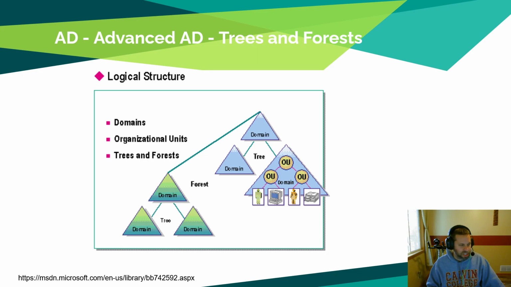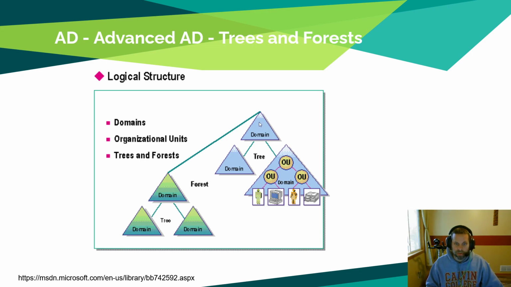So here's just another picture of that. Over here, we have domain trees. Let's say this is kelvin.edu. This domain here, I might have ad.kelvin.edu over here. I might have cs.kelvin.edu over here. These would all be trees off of a root common domain. But then I also have a forest here where this domain, kelvin.edu, might be linked up to hope.edu.